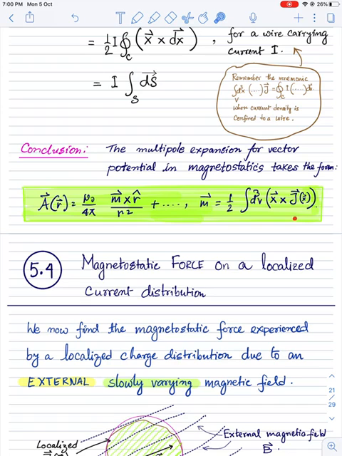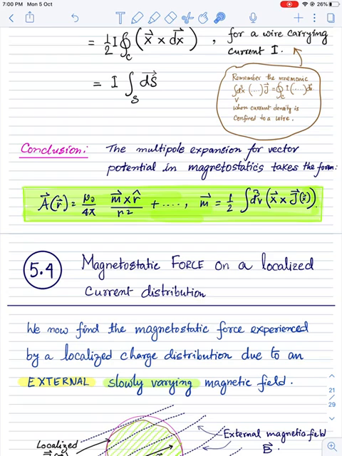But the main thing is this formula: for a general current distribution, a steady current distribution, the magnetic dipole moment m is given by one half of the integral of x cross J. That is the main thing that came out of this multipole expansion.